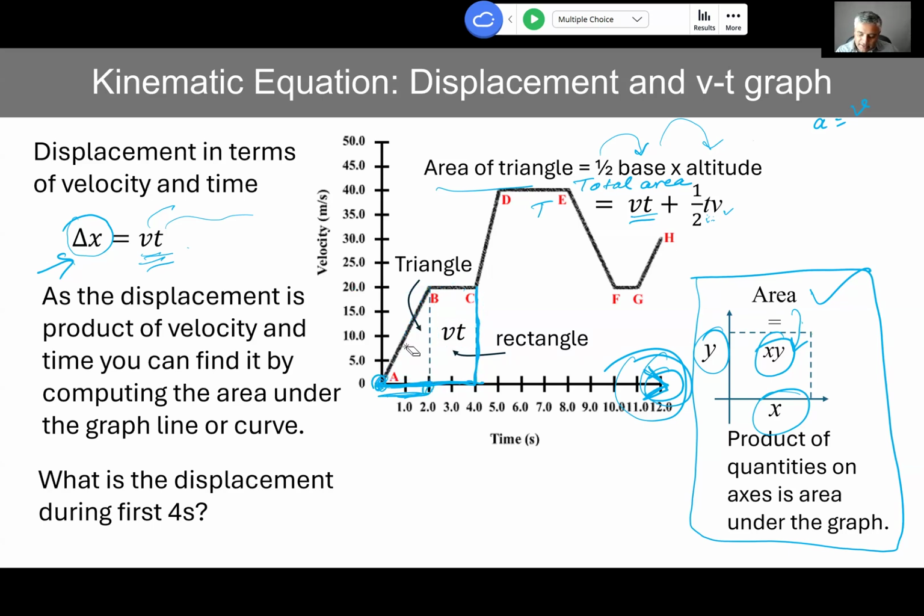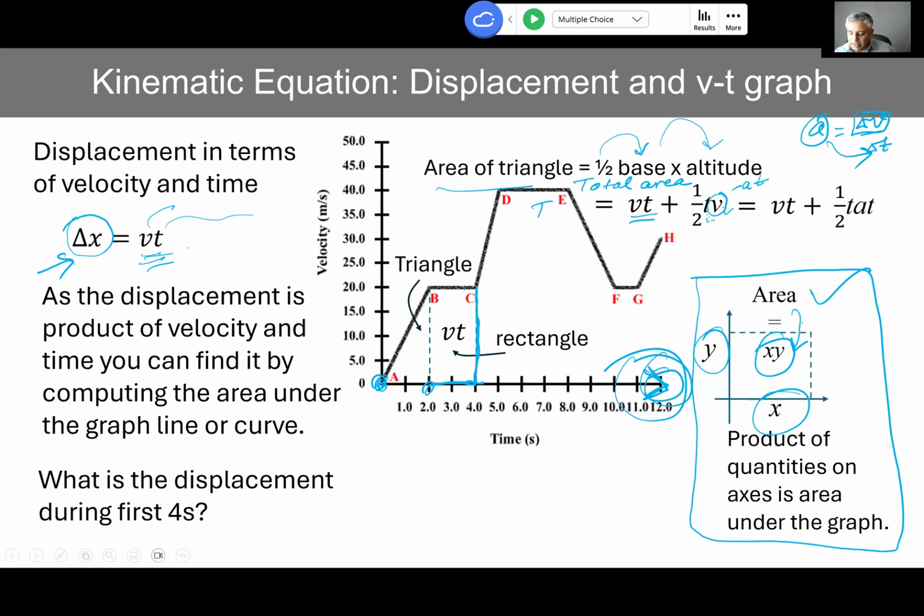So can we include acceleration in this formula? For that, I'm going to be using this definition of acceleration, delta v over time interval, or I can replace v by a times time interval. Okay, so over here, I can replace this v by a times time interval.